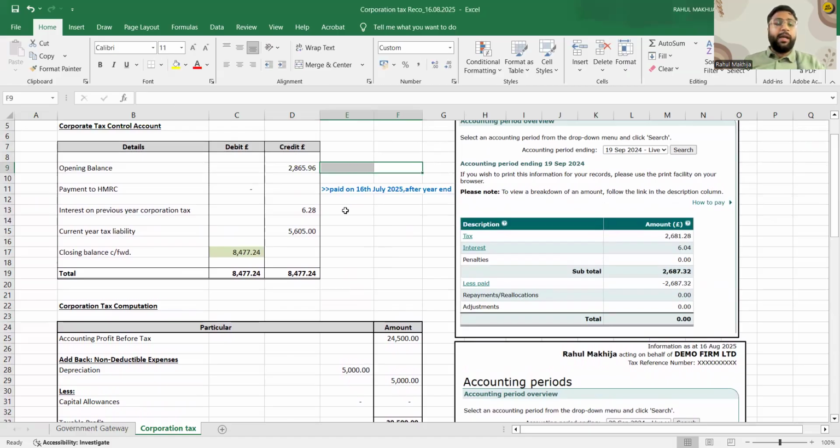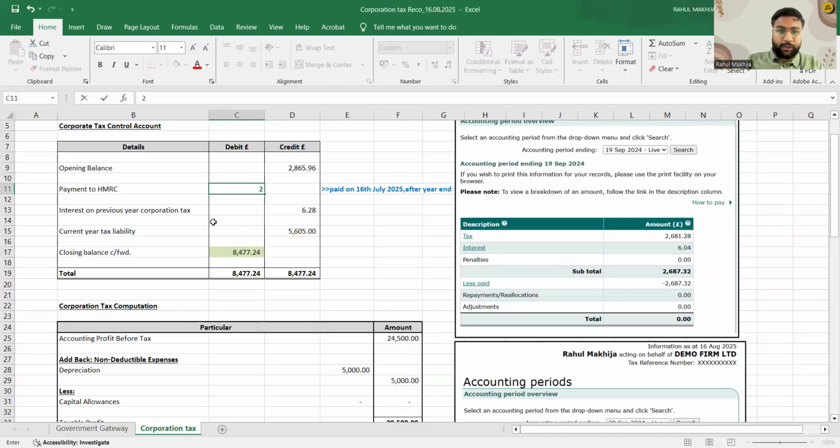Okay. And if we have paid any payment to HMRC of corporation tax liability, suppose in our period from 1st of October 2024 to 30th April 2025, if we have paid this corporation tax, then we can write it here that 2,865.96 has been paid.